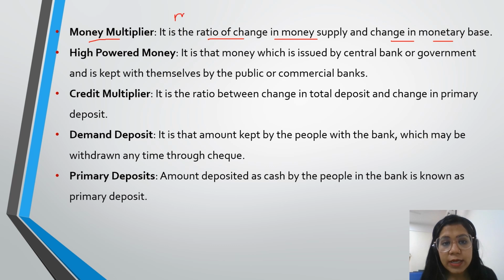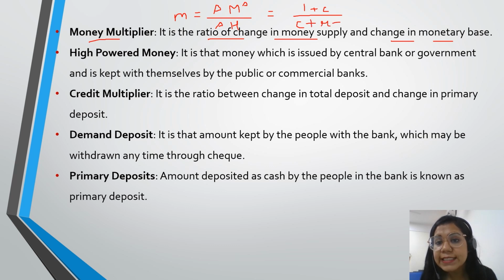So small m, which is the multiplier, is equal to the change in the money supply upon the change in the monetary base, which is H. We had done another formula for this, which was 1 plus C, so this was currency upon deposits, upon C plus R, required reserves upon deposits, plus E. So E was what? E was the excess reserves upon deposits. So this gives me my money multiplier.